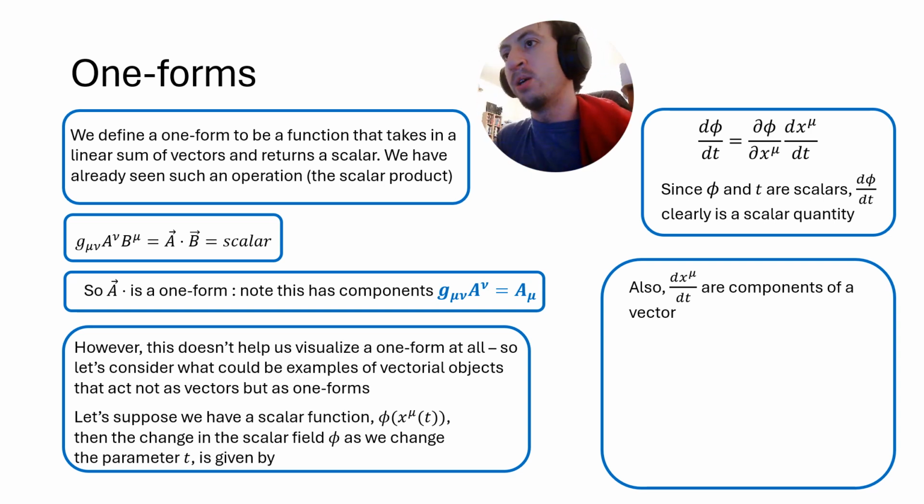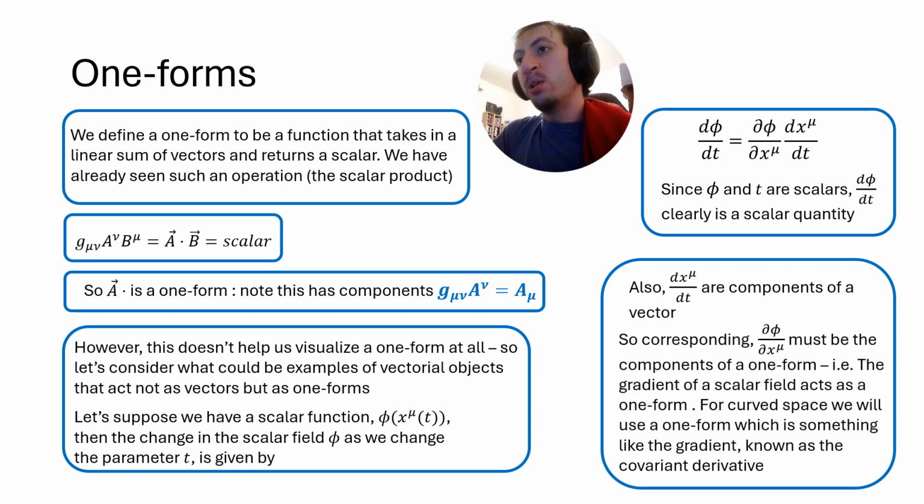For example, if we've got a world line, which is like the trajectory of a position in spacetime parameterized by proper time τ, then the rate at which that world line changes with respect to τ, the four-velocity, is like the gradient of that curve, and four-velocity is a full vector. It's not a one form, it's a vector. So dx^μ/dt is how quickly a vector changes, so it's going to be a vector itself.